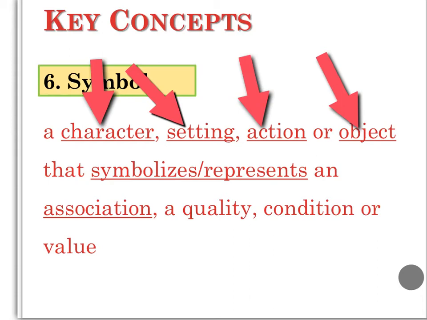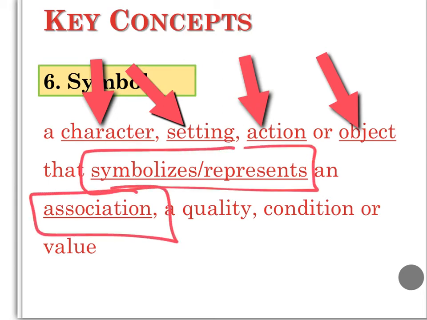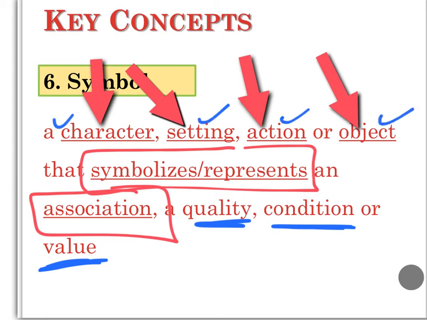Basically what you're going to say is that this particular character, setting, action, or object represents or symbolizes some larger idea or meaning. And again, we're always thinking in terms of qualities, conditions, and values. But what's important to bear in mind is that a character can function as a symbol, and so can a setting, an action, or an object.